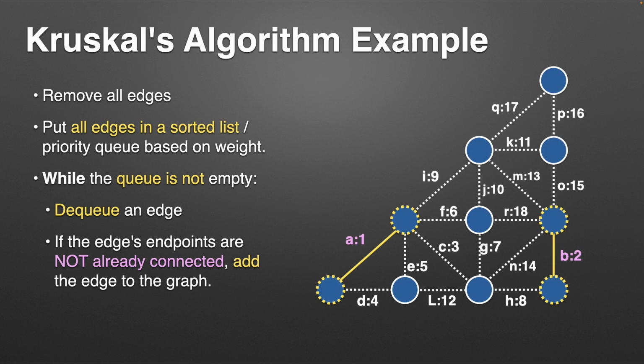So we're going to jump over here to B already, which has a weight of 2. And you can see it connects these two vertices that are not yet part of our minimum spanning tree. So what you might recognize already here is going on is we are actually building a number of disjoint graphs at the same time. And we will connect them once we find the edge that we need.